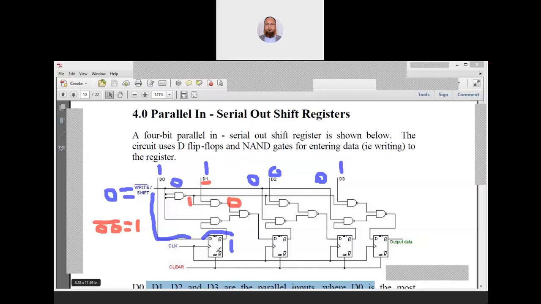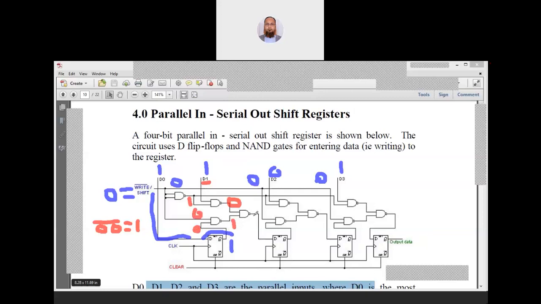Why I'm saying this is that when the clock comes, this data will not be able to evaluate, and before this, the data available here was 0 everywhere. So 0 and 0, the output will become 1.